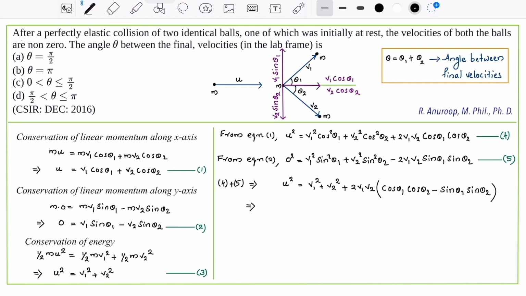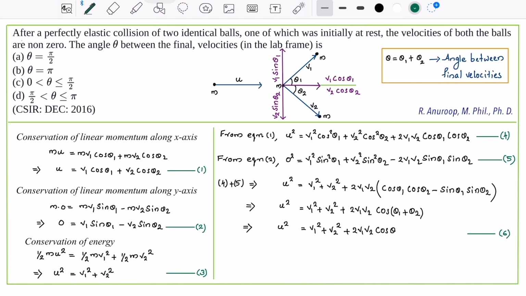This implies u square is equal to v1 square plus v2 square plus 2v1 v2 cos of theta 1 plus theta 2. Now theta 1 plus theta 2 is theta, which is the angle between the final velocities. Therefore, u square is equal to v1 square plus v2 square plus 2v1 v2 cos theta. Let it be equation number 6.